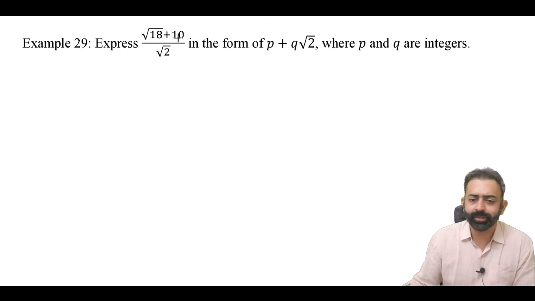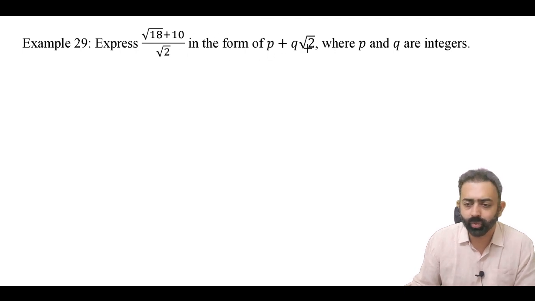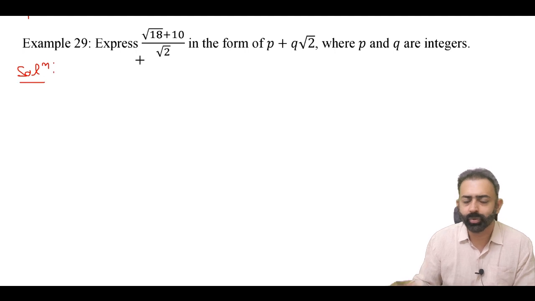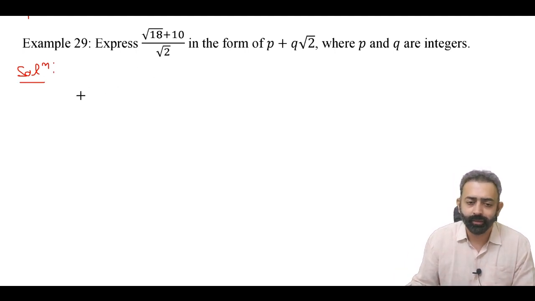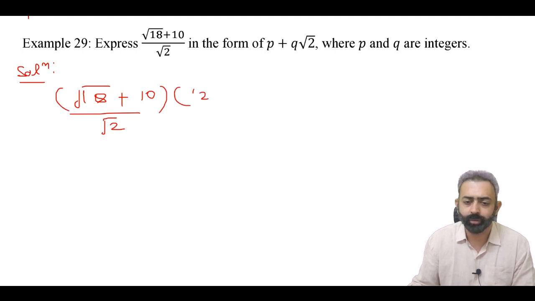It says to express this in the form p plus q root 2, where p and q are both integers. Again, this is an example of rationalization because root 2 is in the denominator. So what we can do here is repeat the same process: root 18 plus 10 over root 2, multiply this by root 2 and divide by root 2.